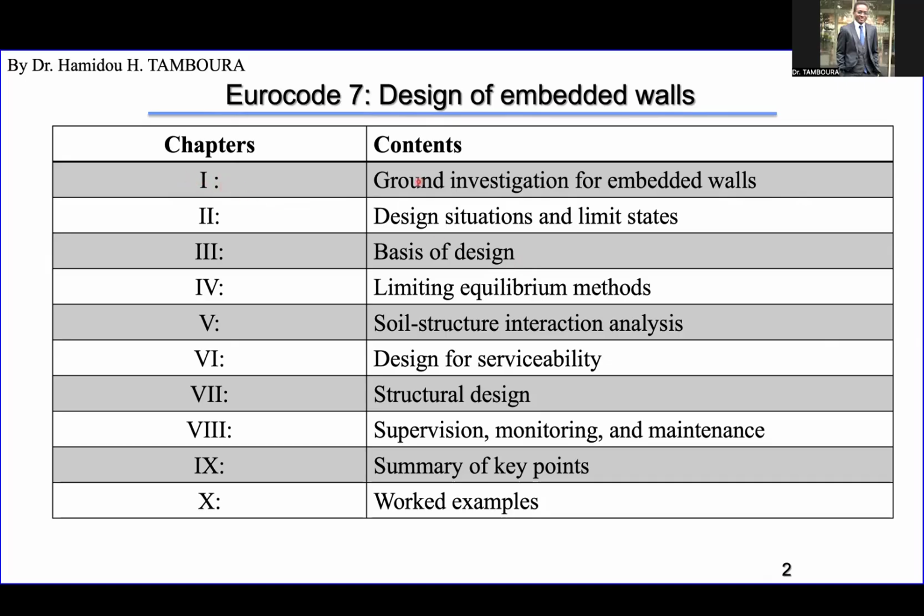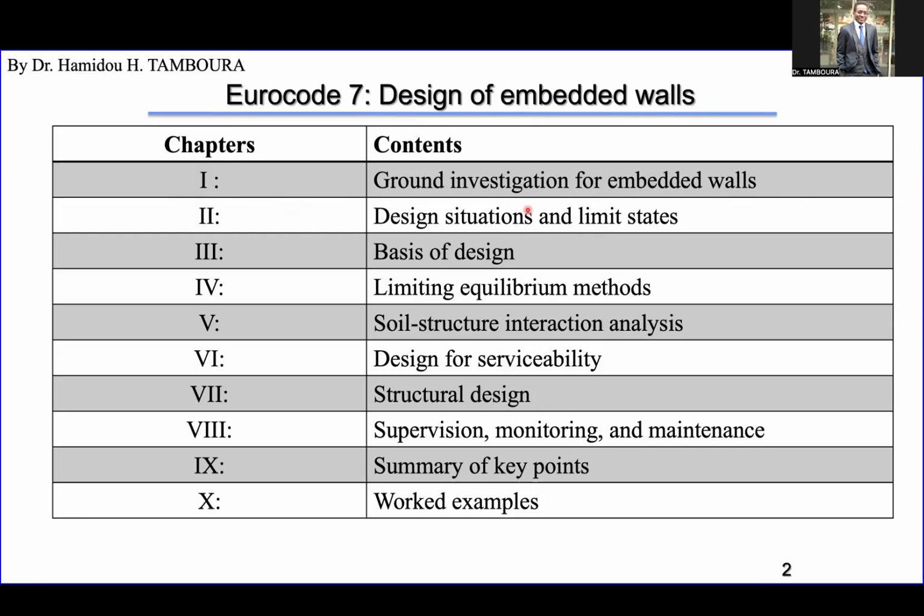So the first point, we will talk about ground investigation. Site investigation depends on the structure you are going to build, so we are going to see what kind of investigation you need if you are going to build an embedded wall.